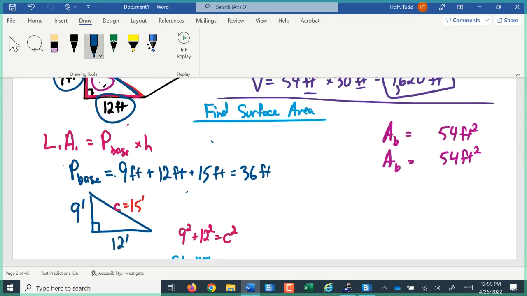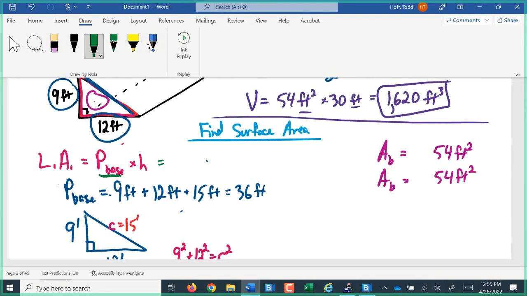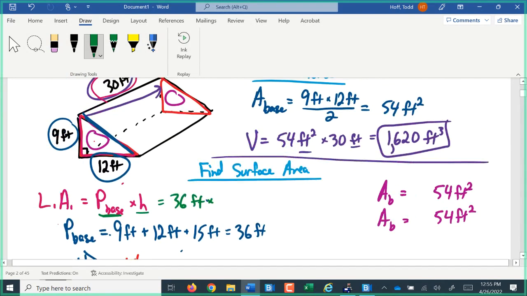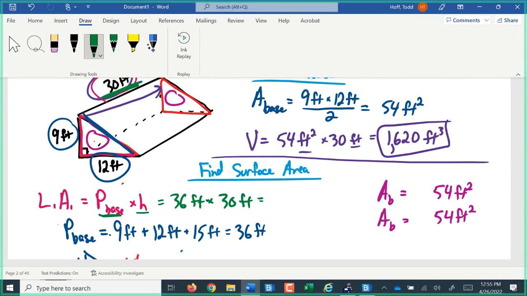Back up to lateral area. How do I find the lateral area? Perimeter of the base times the height. What's the perimeter of the base? 36. The height is 30. 36 feet times 30 feet is 1,080 square feet.